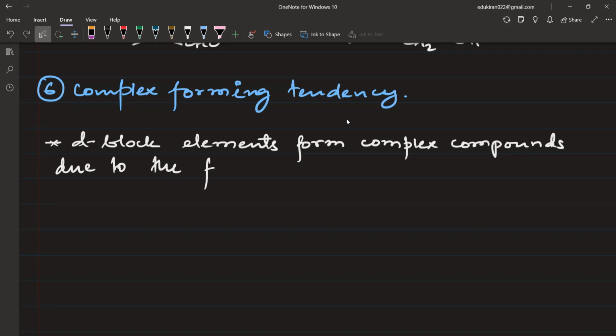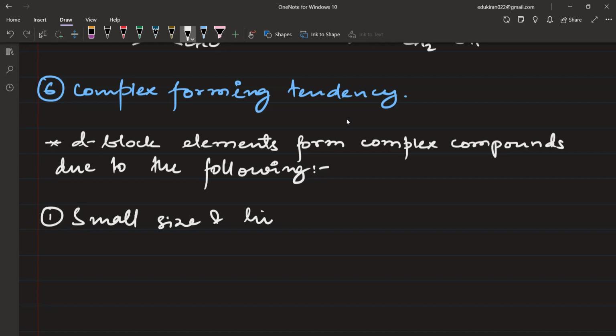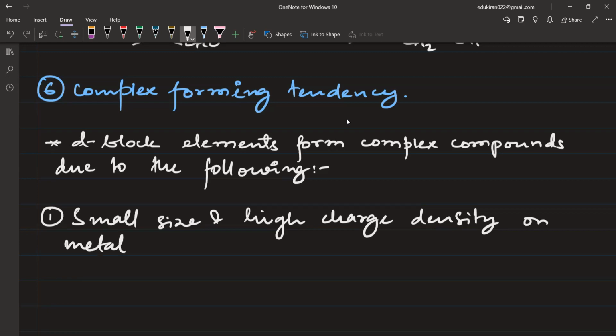Number one, small size and high charge density on metal cations.